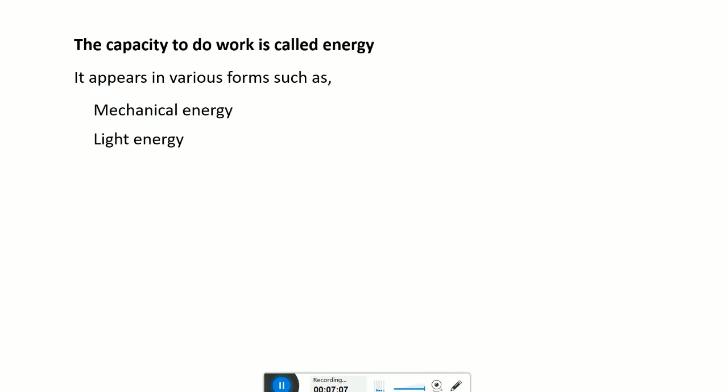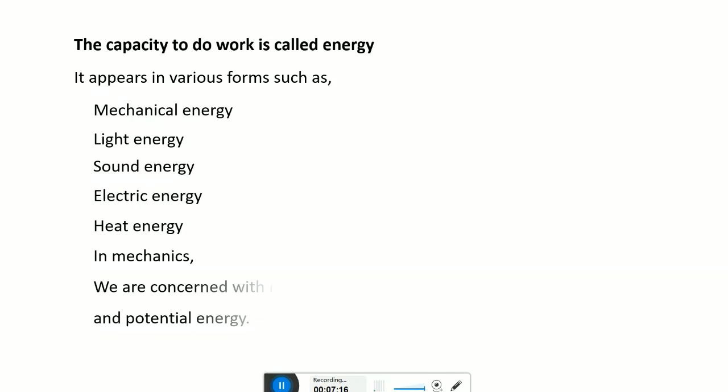As we know that the capacity to do work is called energy, which appears in various forms such as mechanical energy, light energy, sound energy, electric energy, and heat energy.